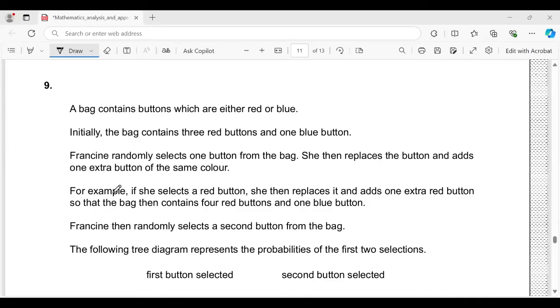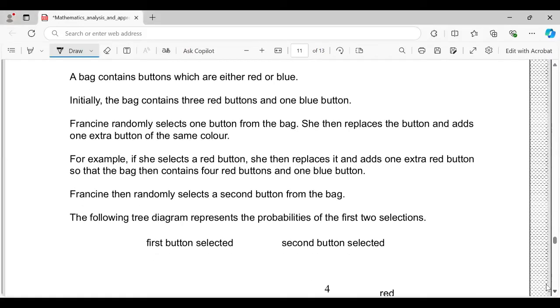For example, if she selects a red button, she then replaces it and adds 1 extra red button, so that the bag then contains 4 red buttons and 1 blue button. Francine then randomly selects a second button from the bag. The following 3 diagrams represent the probabilities of the first 2 selections.